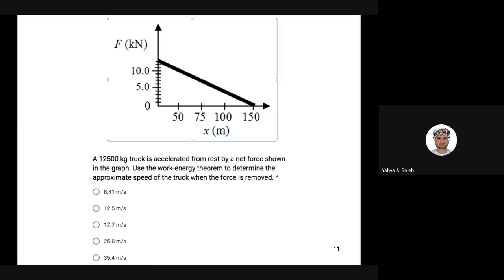I'll give you a minute to try and figure out what the correct answer is, and then we go through it together.